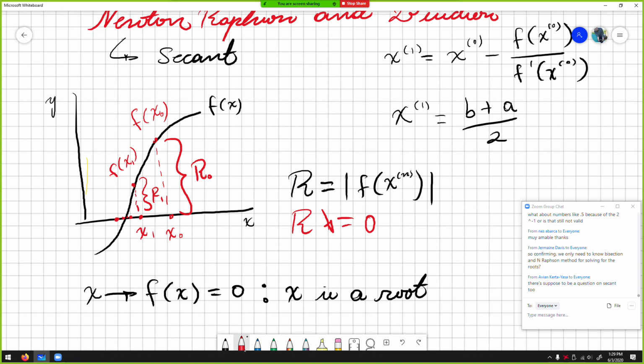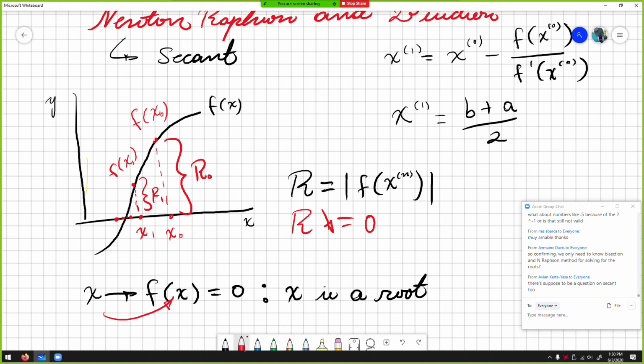Why? Because for any function, if x happens to be my root and I plug that into my function, I should get a 0. Using that same definition, if I take this f and evaluate it at an x that happens to be my root, and I take the absolute value of that, my residual should be a 0.